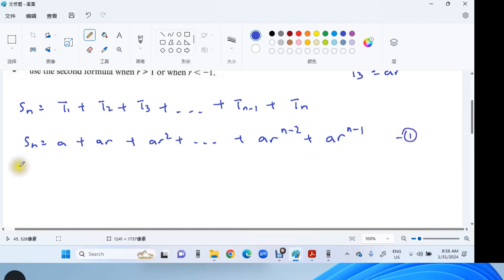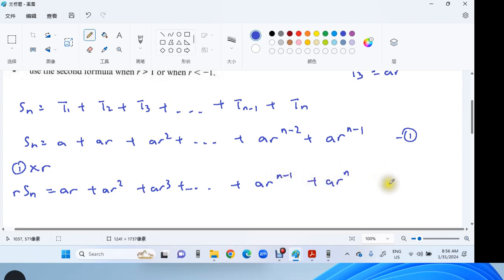If we multiply r to the first equation, it becomes rSn equals ar plus ar squared plus ar cubed, until ar to the power n minus 1 and ar to the power n. This is the second equation.